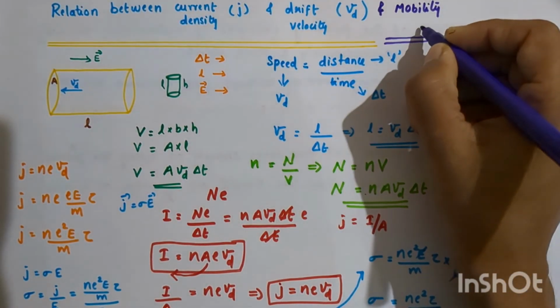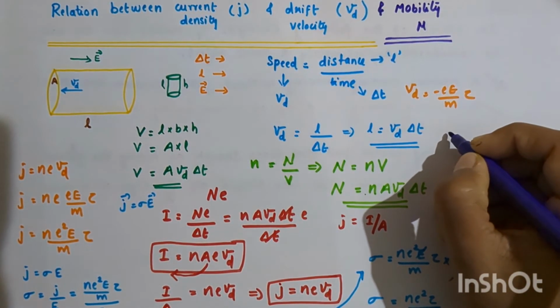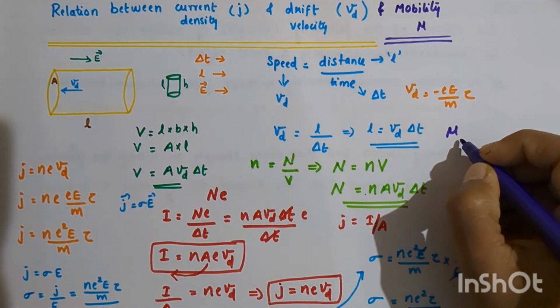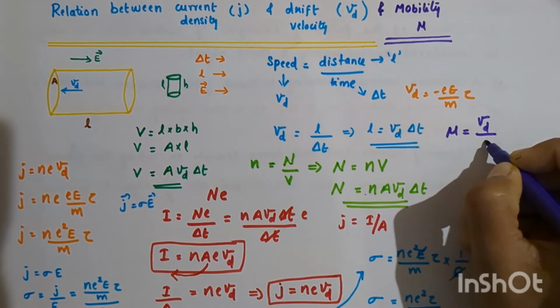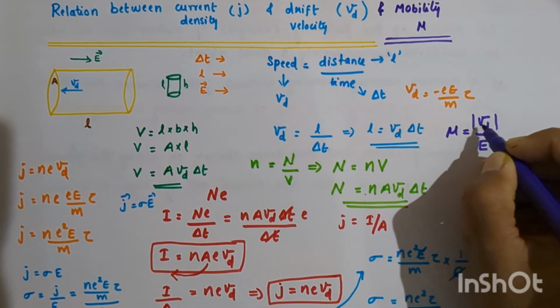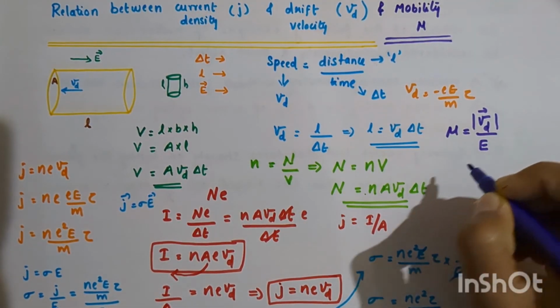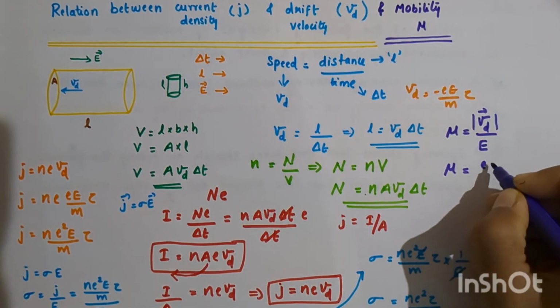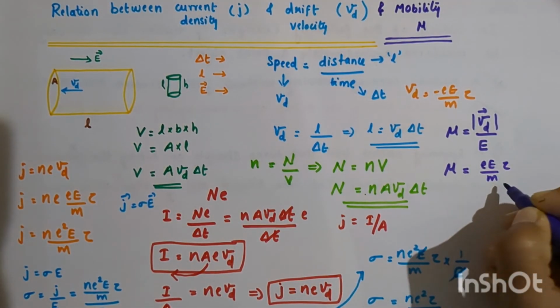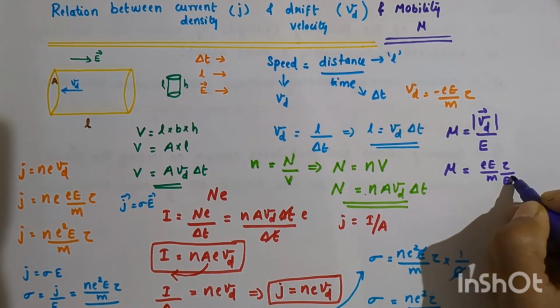Mobility is represented by the letter mu, and it is defined as the magnitude of drift velocity per unit electric field. So mobility mu equals magnitude of vector Vd divided by the electric field E. The magnitude of drift velocity is eE by m into tau, divided by E, and E cancels.